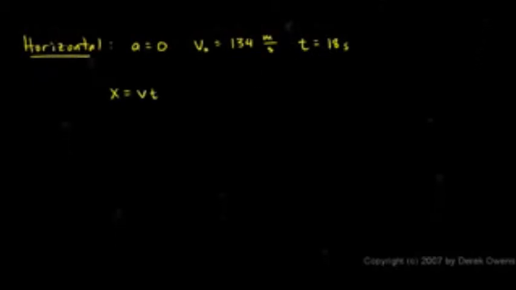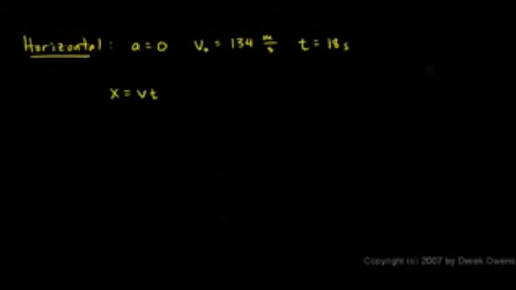So horizontally, this is what I know. The acceleration is 0 horizontally, and the initial velocity we calculated was 134 meters per second, and now I also know the time is 18 seconds. And you can just say this, x is vt.